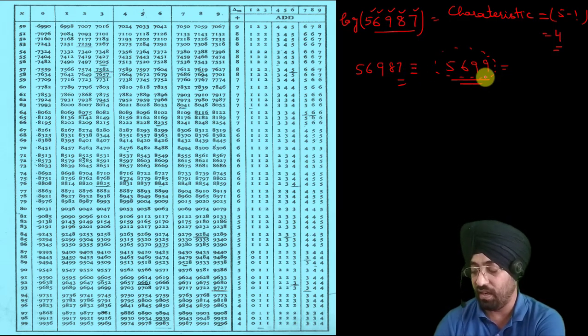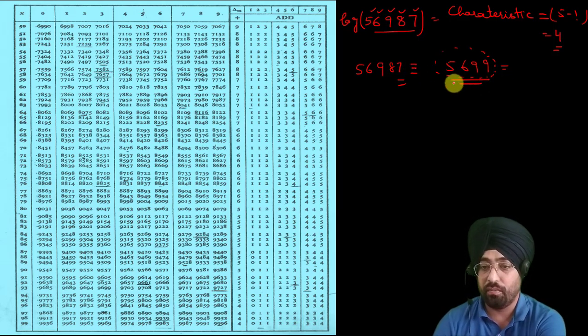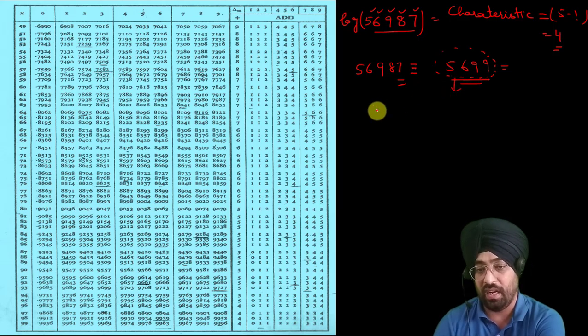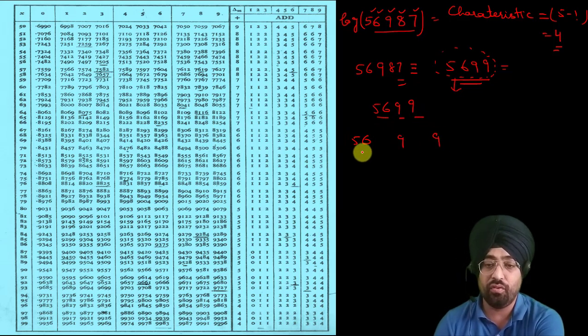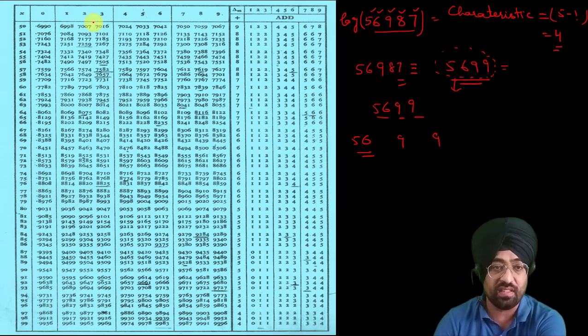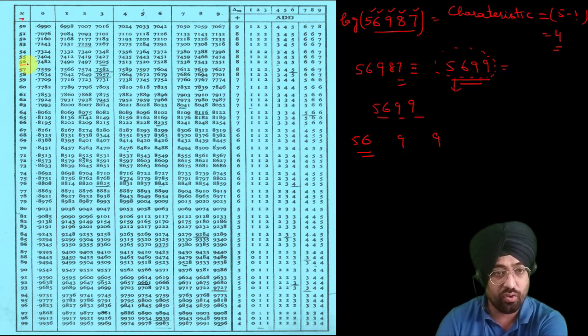So it becomes 5699. Now split this into three parts: 56, then 9, then 9, from left to right. First choose 2 digits, 56, then the third digit 9, then the fourth digit 9. Now we have to find 56 in the column where x is written. Here it is, 56.